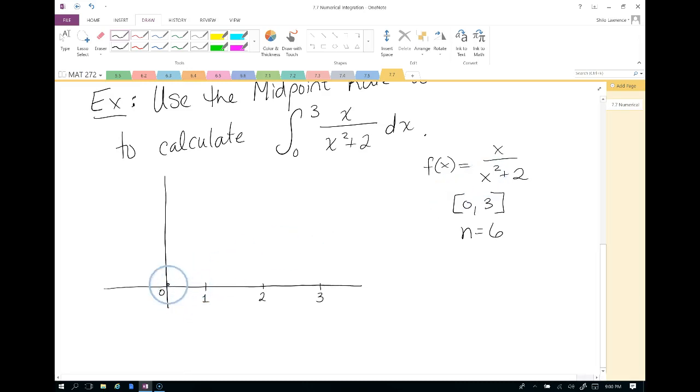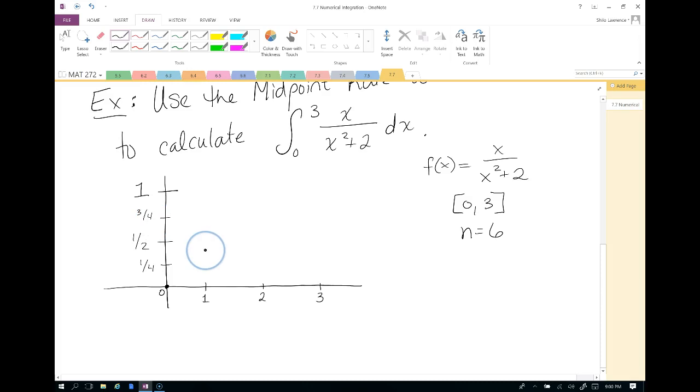Let me go ahead and plug 0 in. If we plug 0 in, we get 0, because we'll have 0 over 2. If you plug 1 in, you're going to have 1 over 3. And then after that, it just keeps getting smaller. So I'm actually going to put 1 all the way up here, and then a half, a quarter, 3/4.